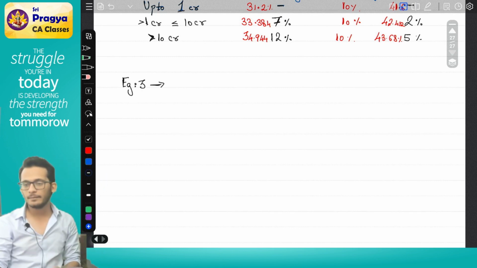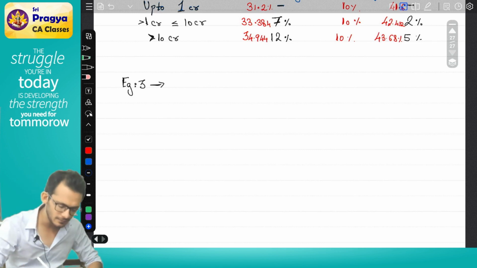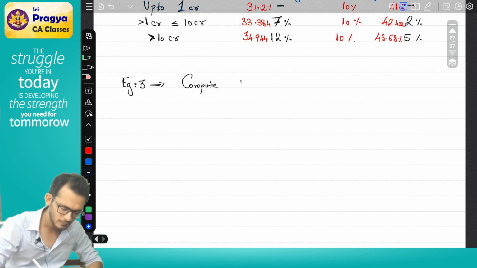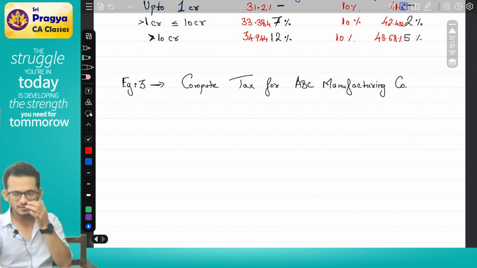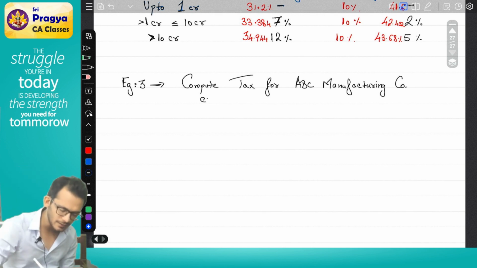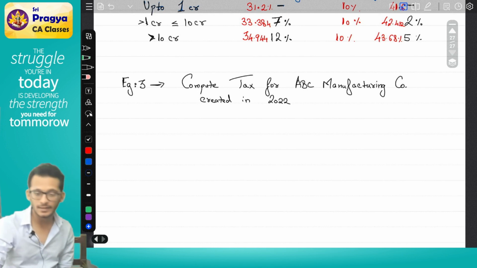Example number 3 says you are required to compute tax for ABC manufacturing company, which is created in 2022.